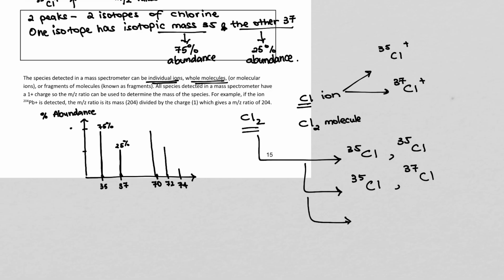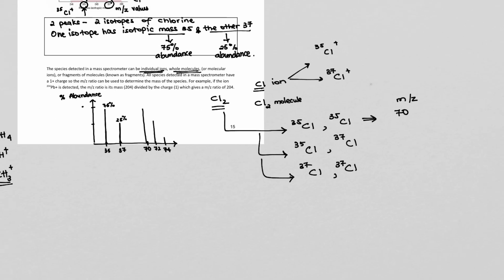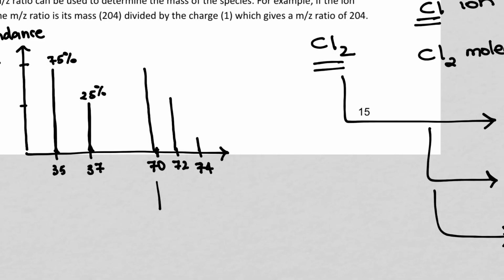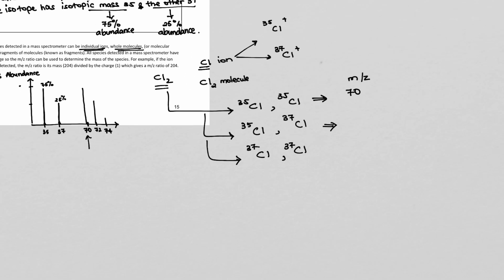It could also be made of chlorine 37 and chlorine 37 that combine together. When these combine, the m/z value here would be 70, which shows up as a peak here. For this particular molecule, the m/z value would be 72, and for this one, it would be 74.